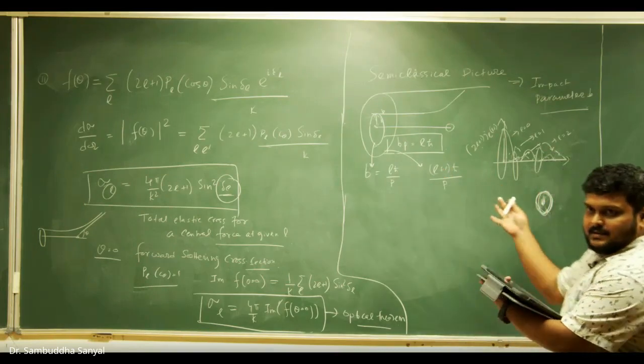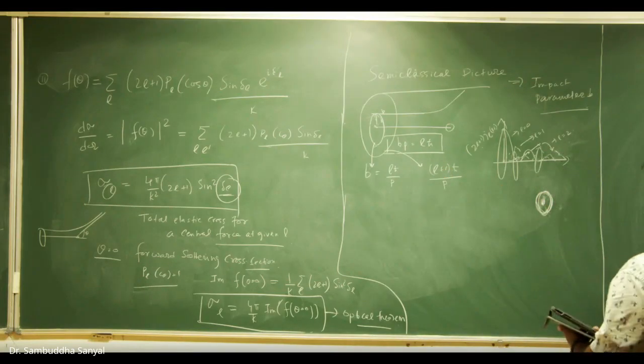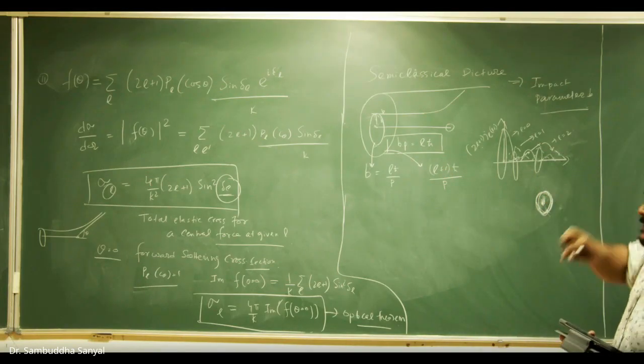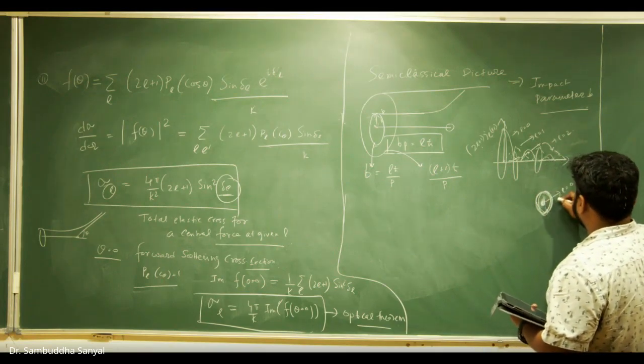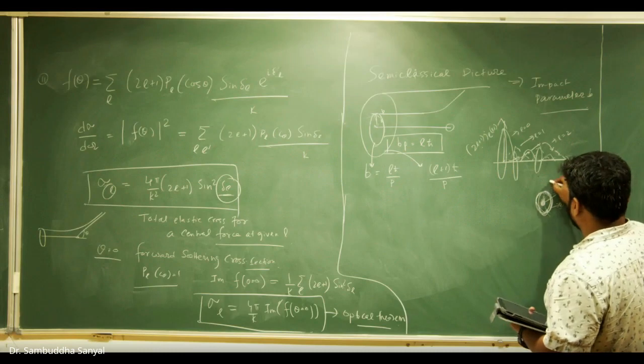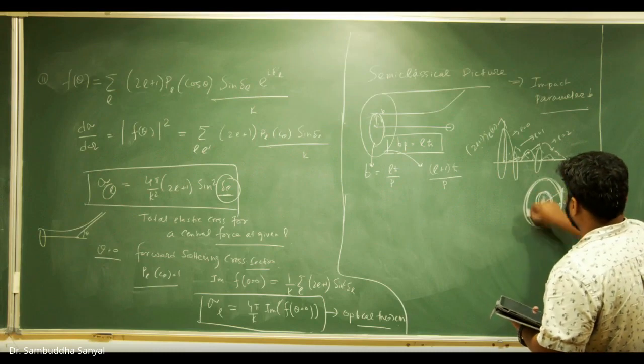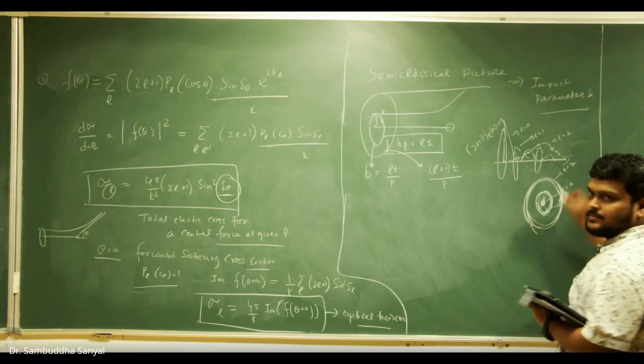If I see this away from this plane, as if the particle is coming like this, this is L equal to 0, this is L equal to 1, this is L equal to 2, right?